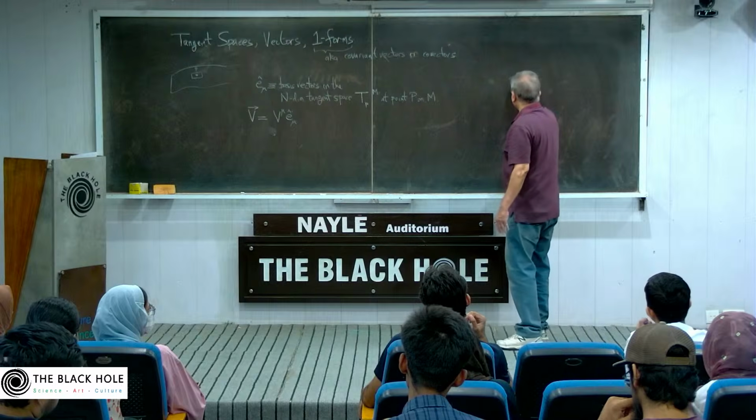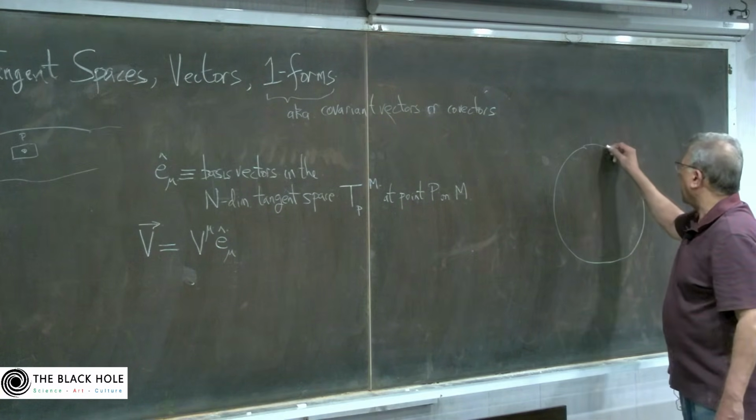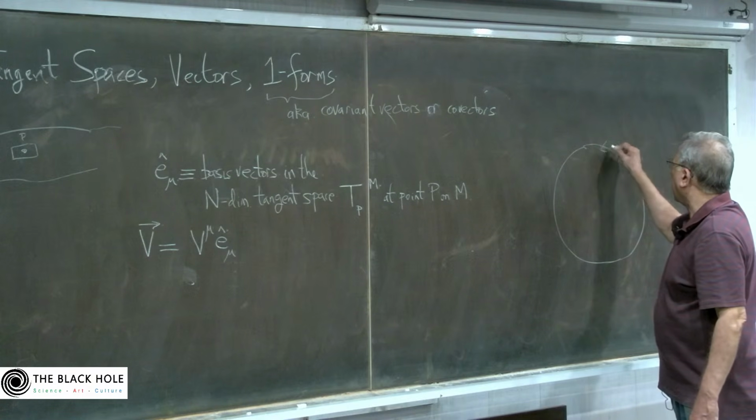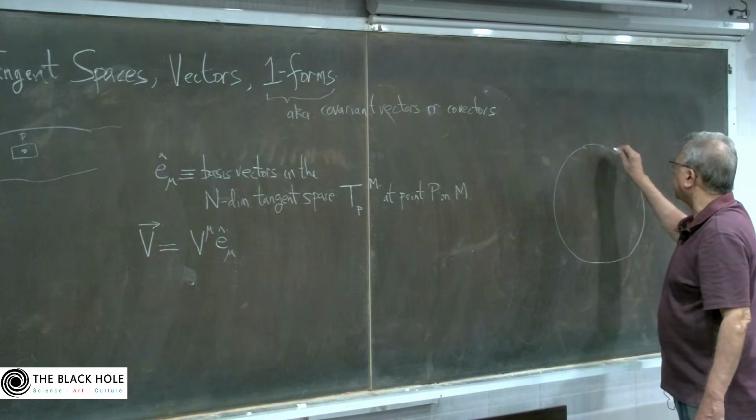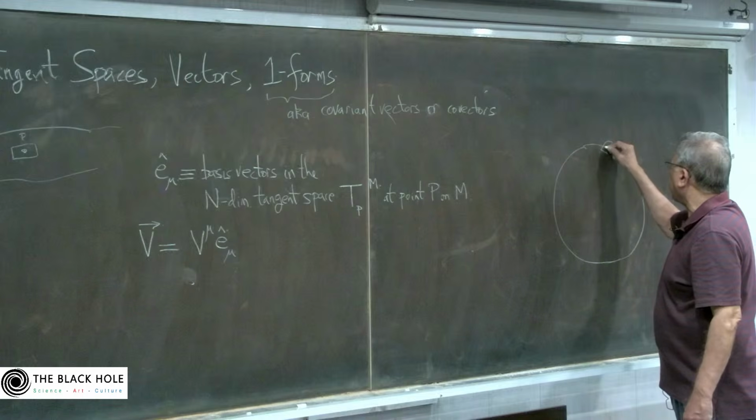So let's take a sphere. I am at this point. There's a patch over here, and I have vectors that point here and here.